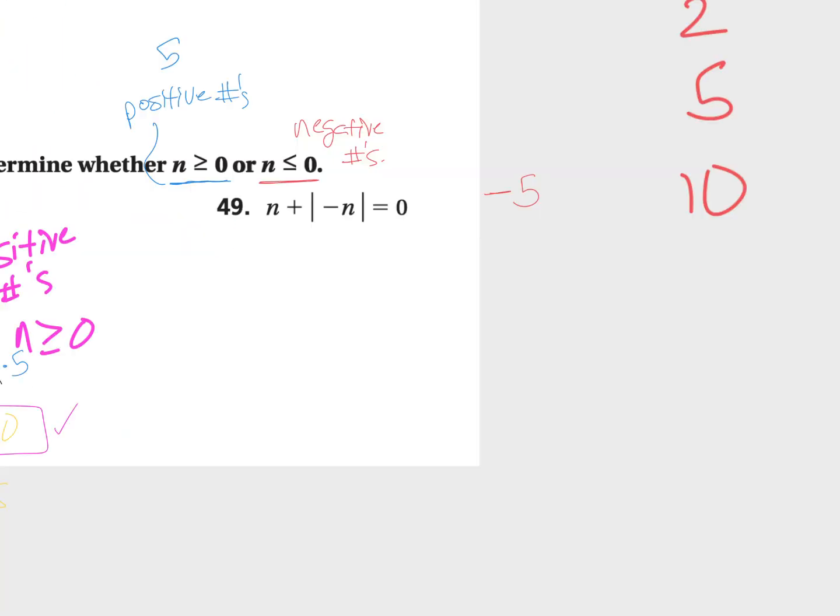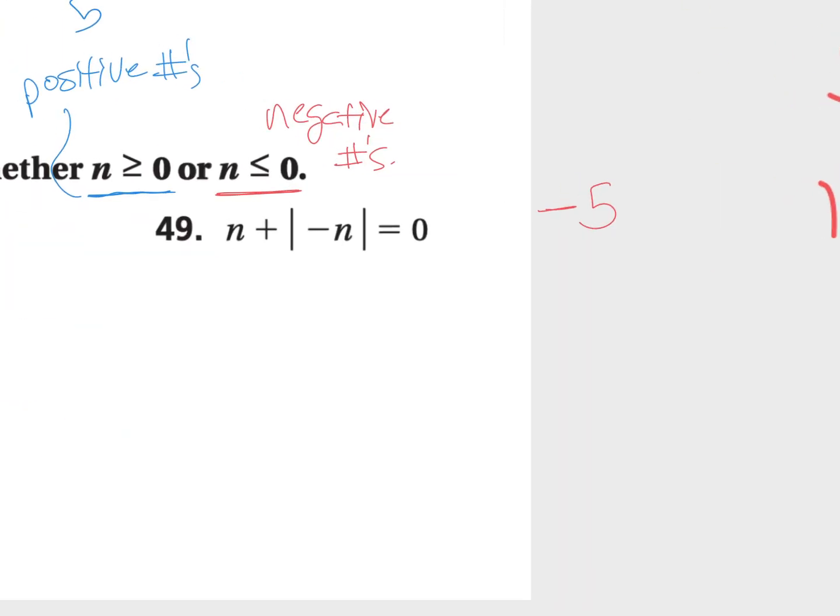So anyway, plugging in negative 5, so we have plus the negative, let's get the red going, negative 5, negative 5. So let's check this out. We got the absolute, well, hang on. So inside of this, we have negative 5, and that's 5. So what's the absolute value of 5? It's 5.